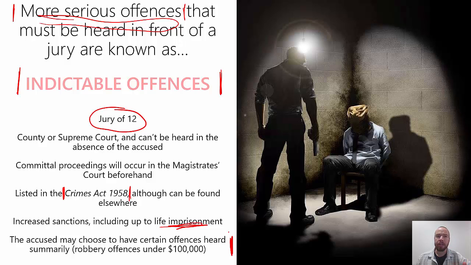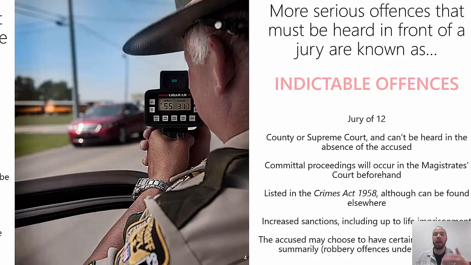And this can be a really preferable thing for an accused person if they can have it dealt with summarily, because generally that might speed things up, not needing to impanel a jury or wait for the time it takes to have a trial, but also naturally the magistrate can't impose as big a sentence as a judge in the County or Supreme Court would.